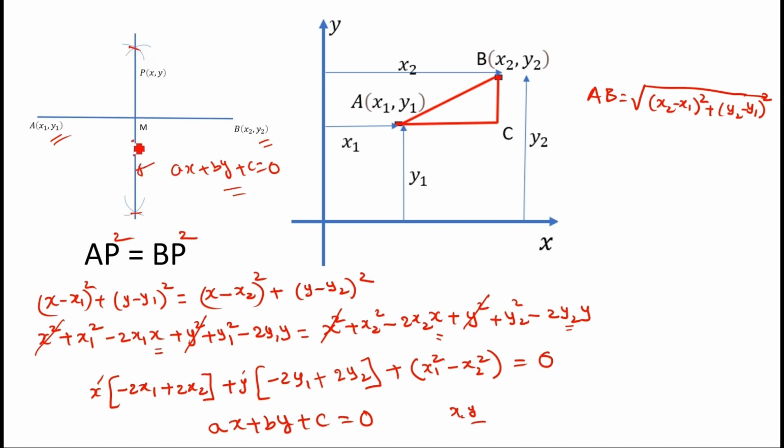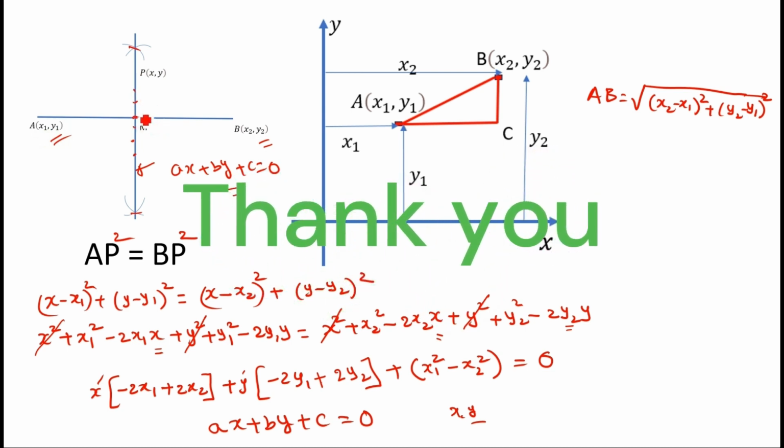All the points along the line will have equal distance from point A and point B. That's the reason that wherever it intersects line AB, that point also has equal distance, like AM equals MB. All the points along the line have equal distance from points A and B. That's why you get the midpoint of the line.